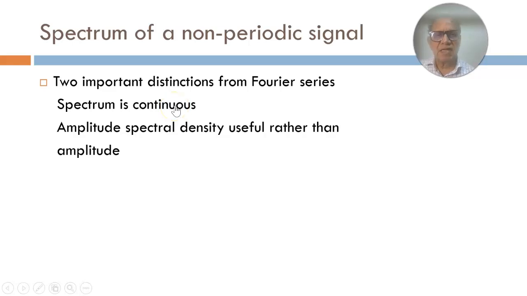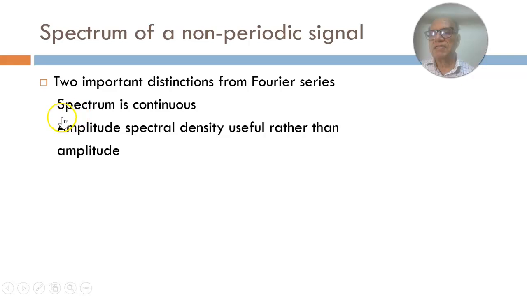If the spectrum is continuous, it means that even in a finite range of frequencies, the number of possible frequencies are infinite. So the amplitude of each frequency component will become infinitesimally small. And there is no point in talking about the amplitude of the signal at a definite frequency. So the concept that is more useful is amplitude spectral density rather than the amplitude itself.